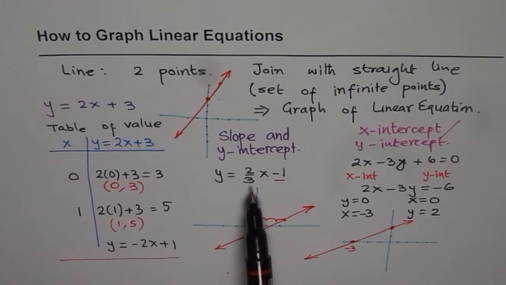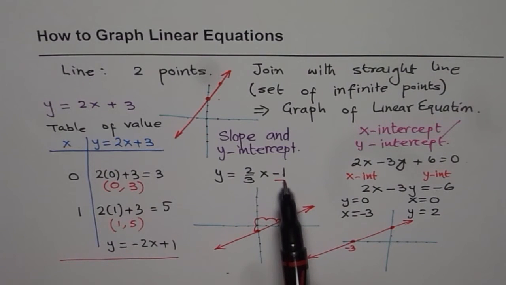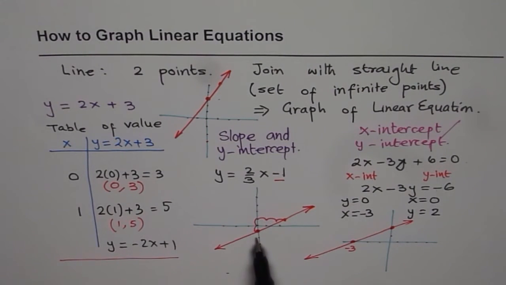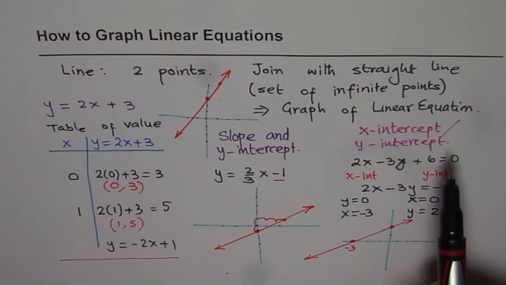Then, if the equation is given in slope and intercept form, you can read the slope, which is the coefficient of x, and the y-intercept, which is the constant, along with its sign. So, locate the y-intercept, and then do the slope, which is rise over run, getting the other point. Join the 2 points with the help of a line. Third is finding the x-intercept and y-intercept.